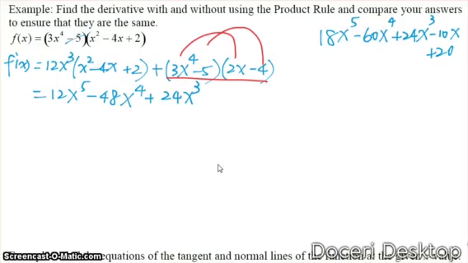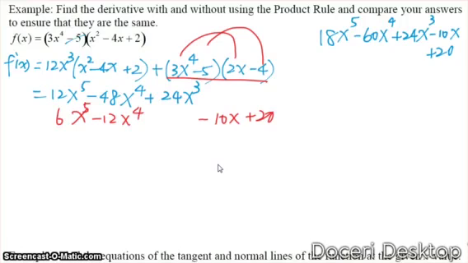So that is going to give me 6x to the 5th minus 12x to the 4th, and then these will be simple terms, plus minus 10x plus 20.